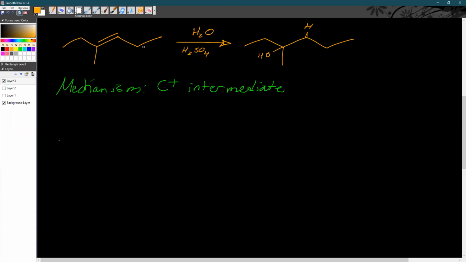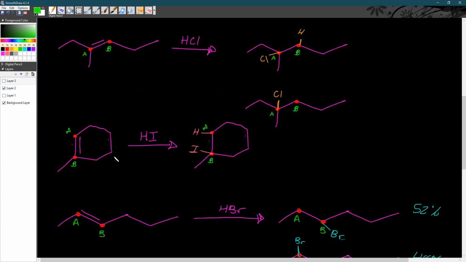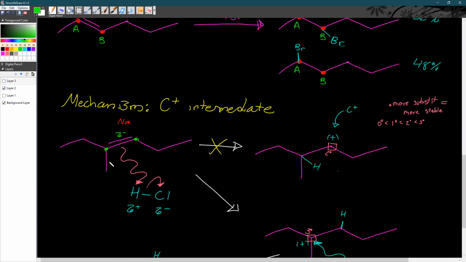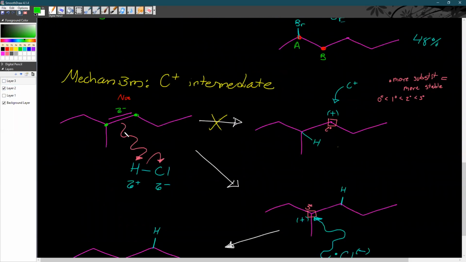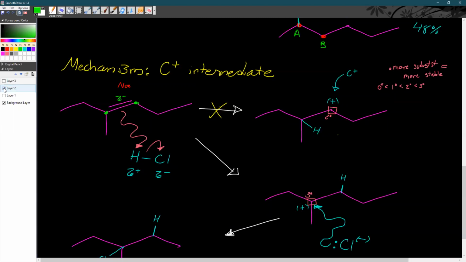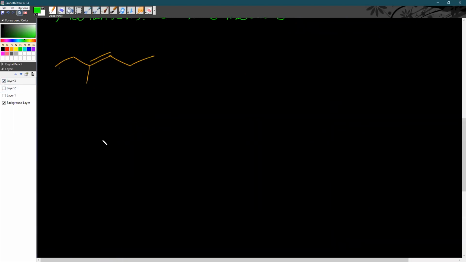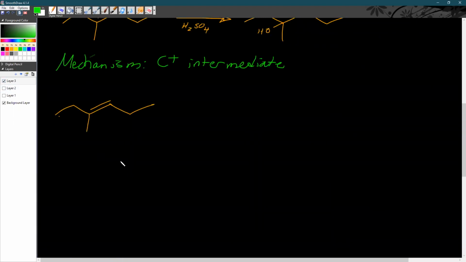So let's say that we are starting with this compound. Based on our last reaction, what happens in the first step is that the hydrogen is added, right? So the first step means that we have hydrogen addition, okay?